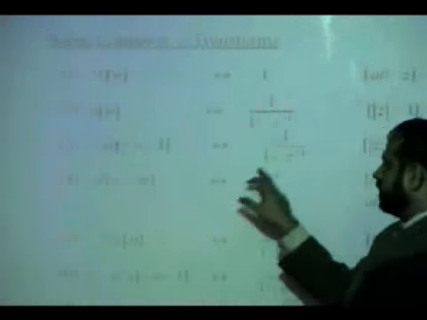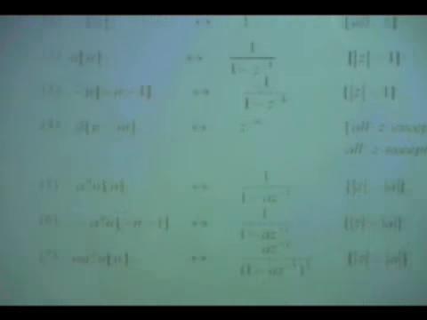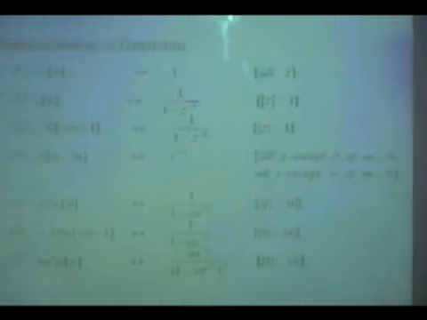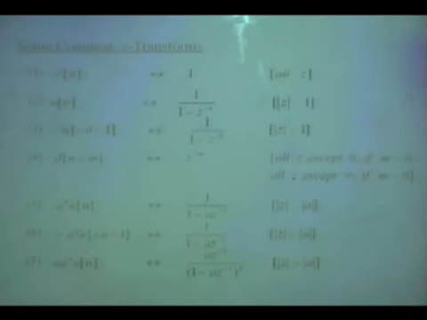Delta n minus m is Z to the minus m. a to the n u of n is 1 over 1 minus a Z inverse. Magnitude Z is greater than magnitude a, and this is the same, but its region of convergence is inward. And n a to the n u of n is a Z inverse over 1 minus a Z inverse squared. So these are some useful pairs for Z transform.